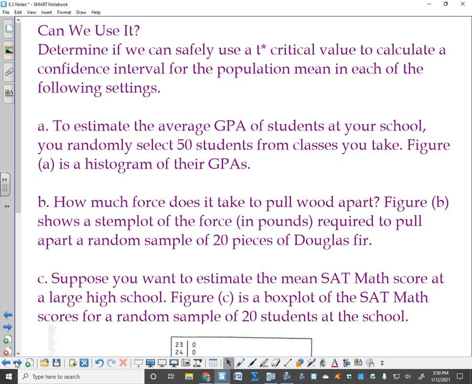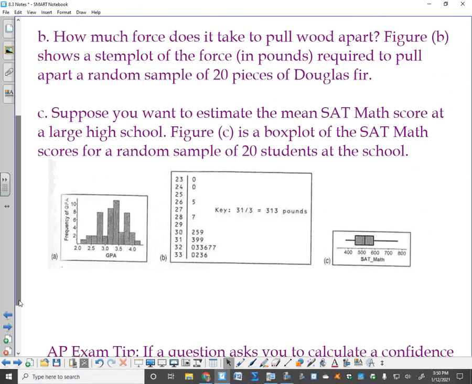Figure A is a histogram of their GPAs. So first of all, I don't like that it says randomly selected, but I only randomly selected 50 students from my classes. So this was not a random sample. So no. Let's look at the histogram.